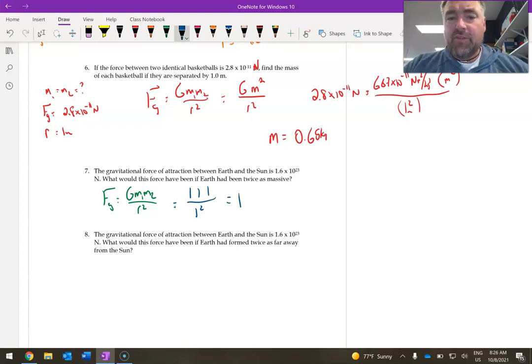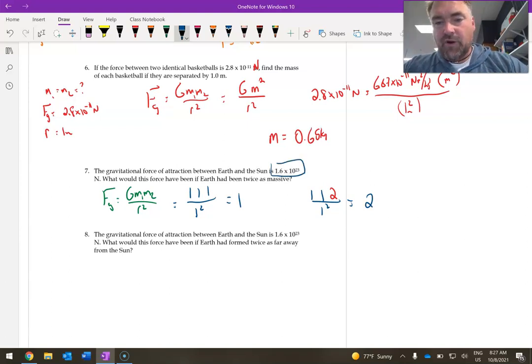Now, if I keep everything the same except for M2, which is my change, big G is 1, M1 is 1, but now M2 is 2, divided by 1 squared because the distance doesn't change. This now gives us a value of 2. So if it was 1.6 times 10 to the 23rd, and I double the mass of the Earth, it's going to be 2 times as much.